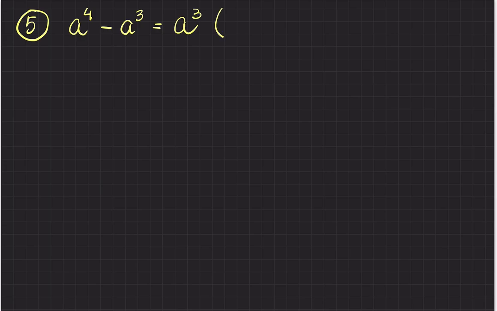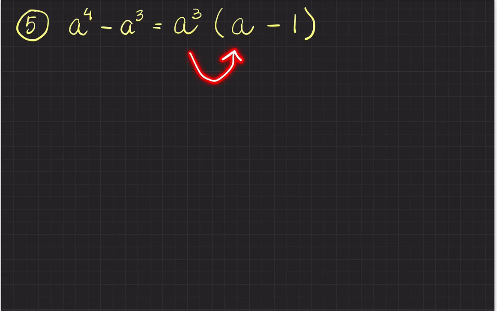And now I start doing the same thing again. a to the power of 3 times what here will give me the a to the power of 4? That would be a. Next comes a minus sign. a to the power of 3 times what here will give me the a to the power of 3? Just 1, right?